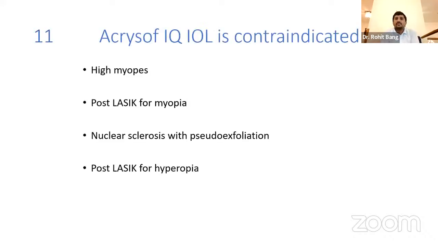Now, a very important thing, we are all cataract surgeons. Accuracy of IOL is contraindicated in which cases? Whether it's contraindicated in high myopes, post-LASIK for myopia, nuclear sclerosis with pseudoexfoliation, or post-LASIK for hyperopia.